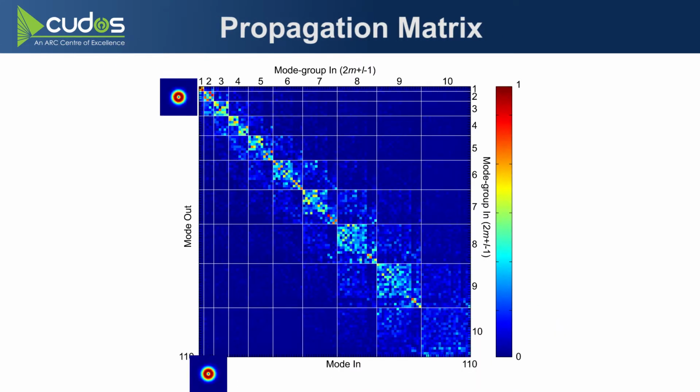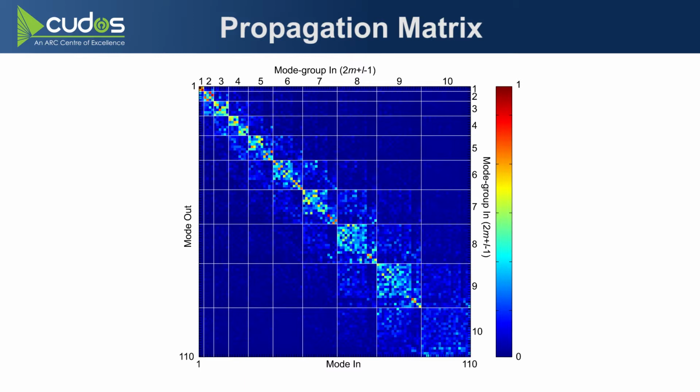So putting that all together for a multi-mode fiber, in this case I'm using a standard piece of OM4 grade 50 micron core graded index patch cord, about 2 meters long. Theoretically that has 110 modes total, 55 modes per polarization, and that extends from the fundamental mode up to the 10th degenerate mode group, which has modes like LP91, OAM, spin 9, that kind of thing.